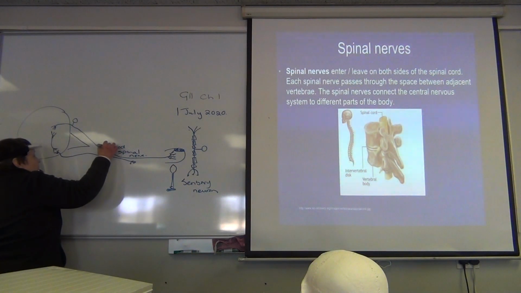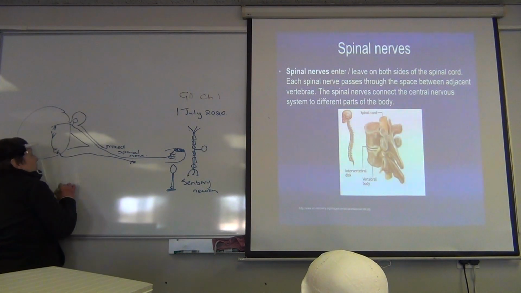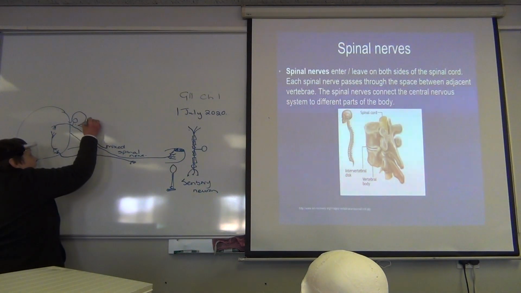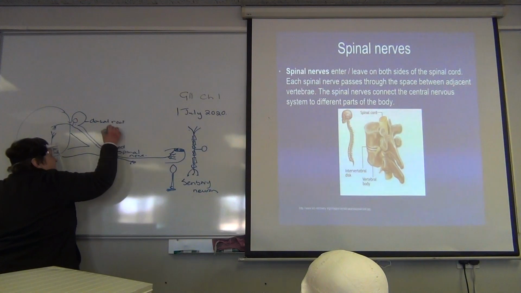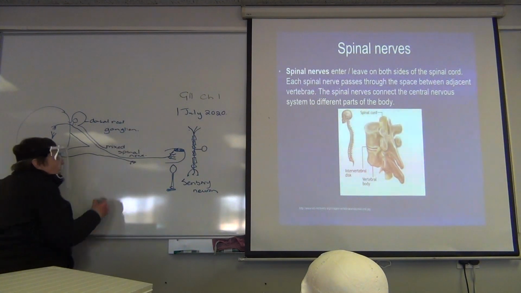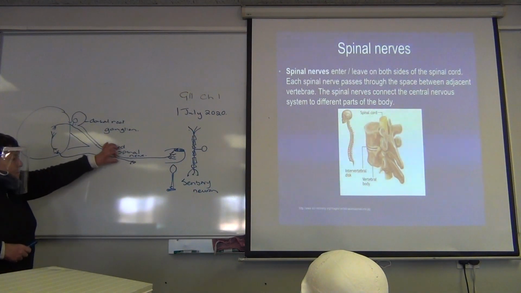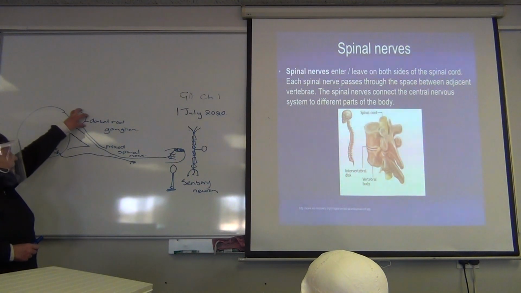Dorsal root. And here's that big bulge. The big bulge is there, that dorsal root ganglion, because all of those little sensory unipolar neurons in this big nerve have their cell body there, and that's why there's a bulge there. That's why there's the dorsal root ganglion there.